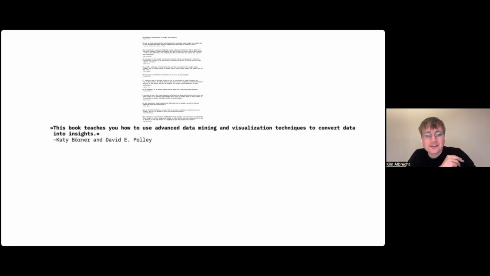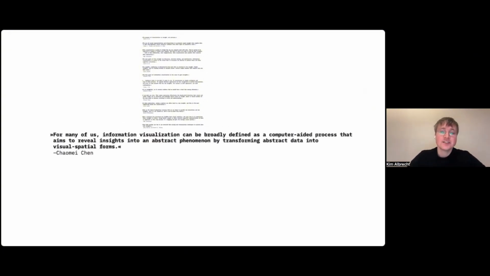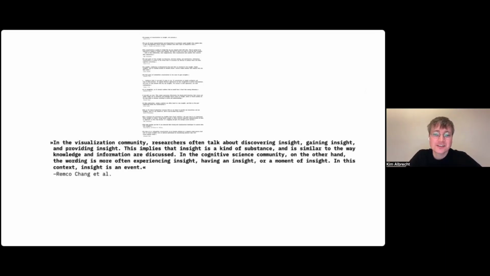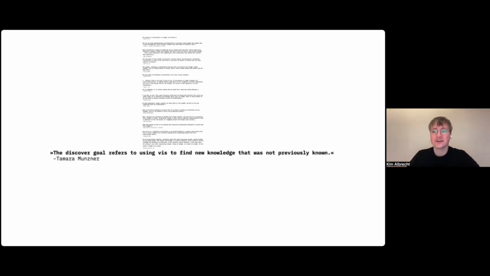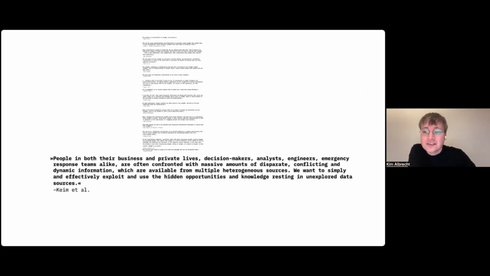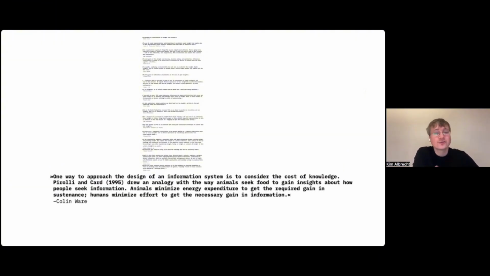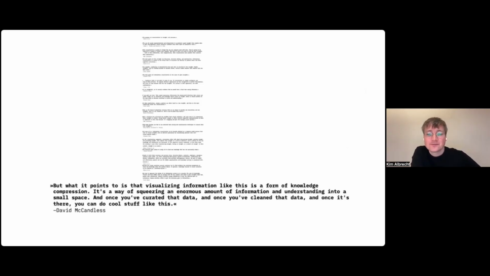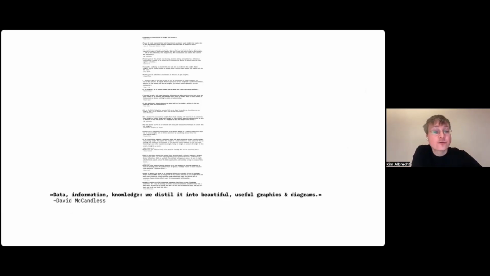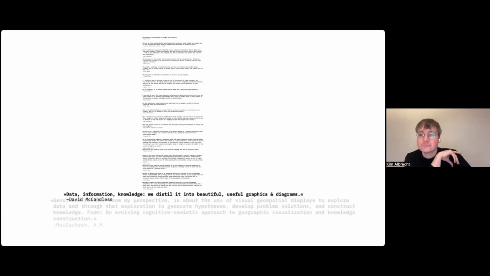And it's all around us, and it can be mined very easily. Visualizations convert data into insights. We want to simply and effectively exploit and use the hidden opportunities and knowledge resting in unexplored data sources. Data, information, knowledge. We distill it into beautiful, useful graphics and diagrams. Graphical excellence begins with telling the truth about the data.